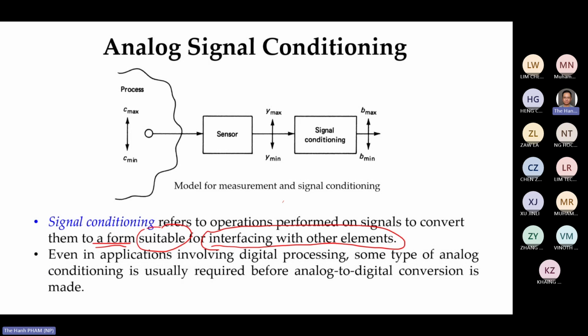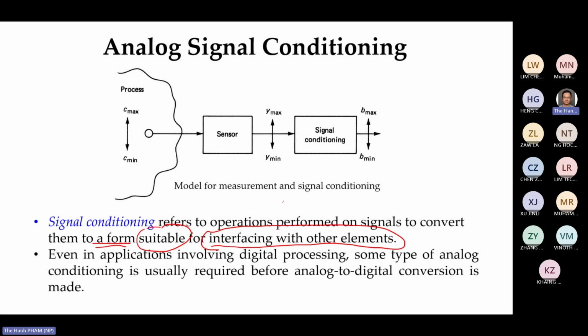Sometimes you need to change the range. Suppose the signal here is from -1 to 1, but you want to convert it to 0 to 10. Those are the circuits performing the operation to transform the signal from one form to the next form, suitable for interfacing. Okay.